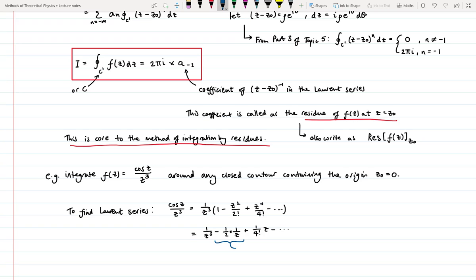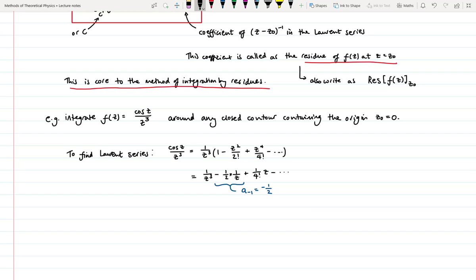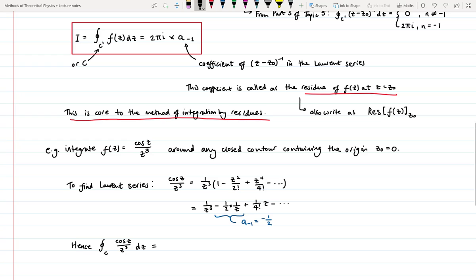From this, we can read off the coefficient a minus 1. The residue is minus 1/2. And that's really all we need to do. That means we can now write that the integral around the closed contour C that contains the origin of cos of z over z cubed dz, that's just given by using the expression at the top of the page.